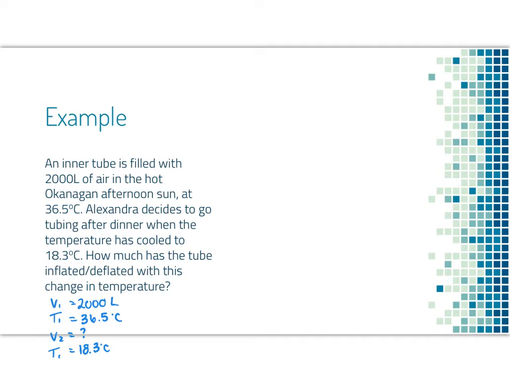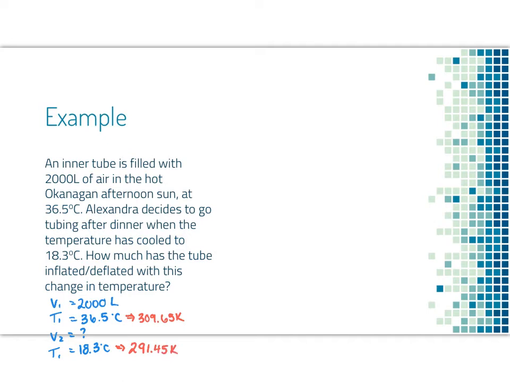The first thing we need to do is convert our temperatures to Kelvin by adding 273.15 to each. So 36.5 degrees Celsius in Kelvin is 309.65. Now, because this isn't my final answer, I don't really care too much about significant digits when we're converting in a question. 18.3 converted is 291.45 Kelvin.